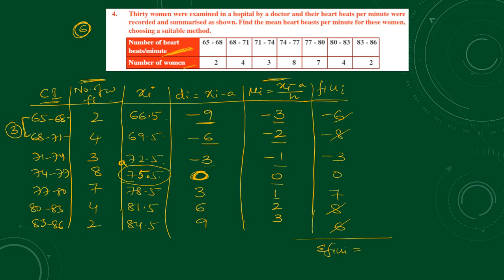7 minus 3 is 4. See, in the previous problems, what summations did we get? We got bigger values, no? Here comparatively, the summation has become very small. Now you can understand the reason why we consider a value at the center.